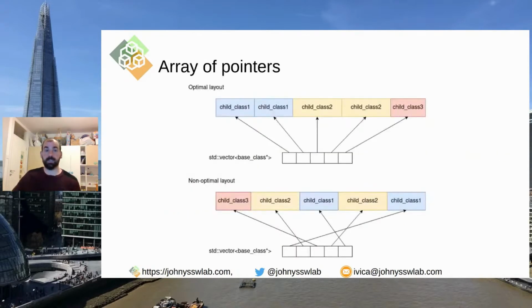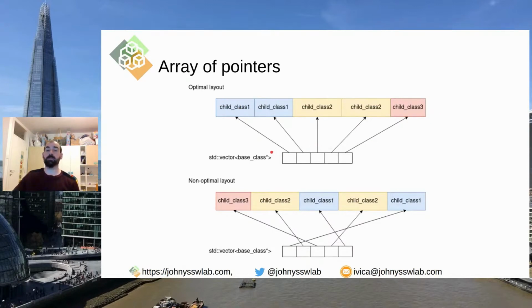Okay, so this is the array of pointers. This is your std::vector of base class, and it has pointers to the elements on the heap. Now imagine this is one big block of memory. This is an optimal layout. If you're lucky enough that your memory allocator allocated the objects in memory in this way, then you'll get optimal performance.